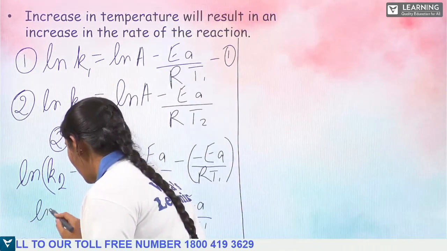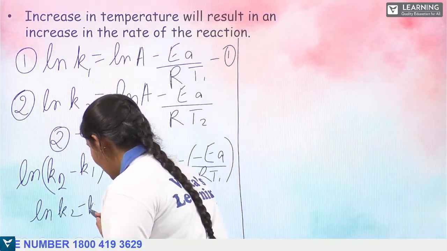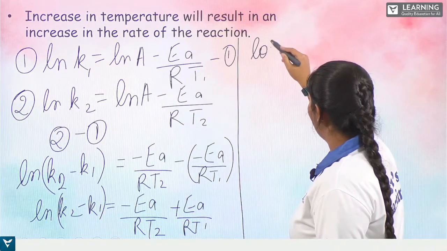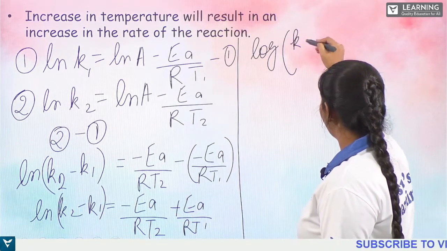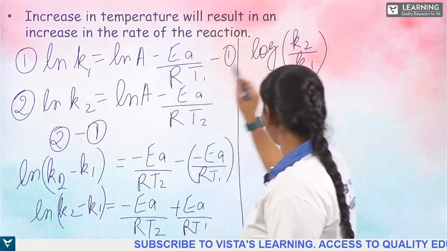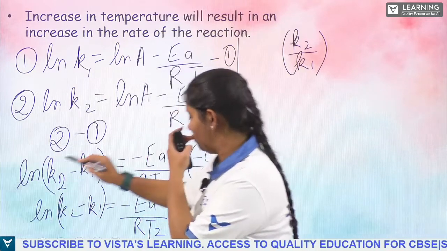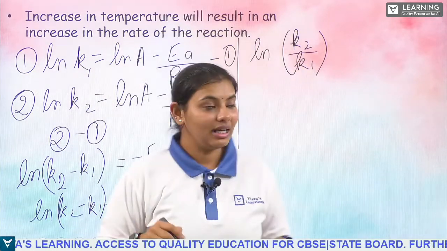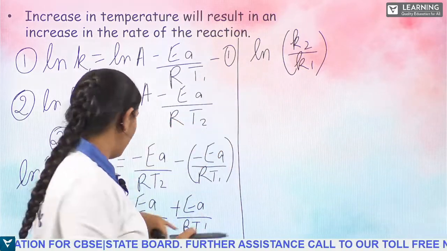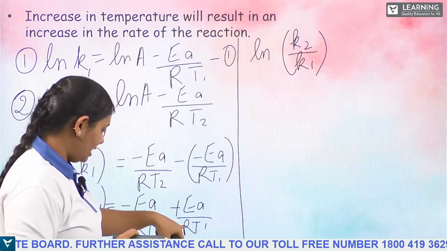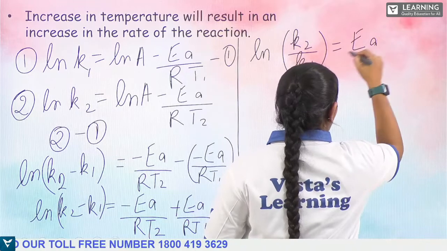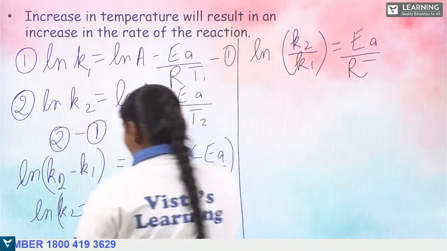Here it's going to be ln K2 minus ln K1, which can be written as ln K2 by K1, as the subtraction of logs is written in this particular way. Now again, how exactly can I write this? EA by R is common.